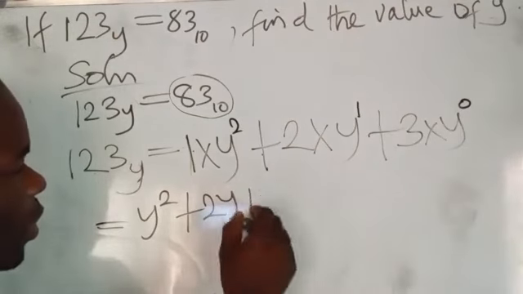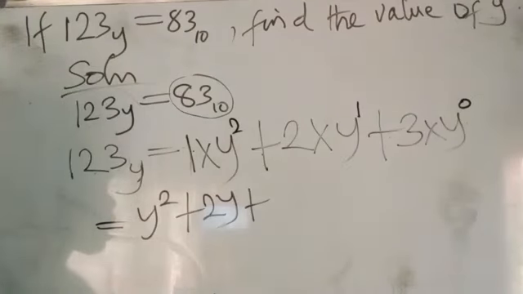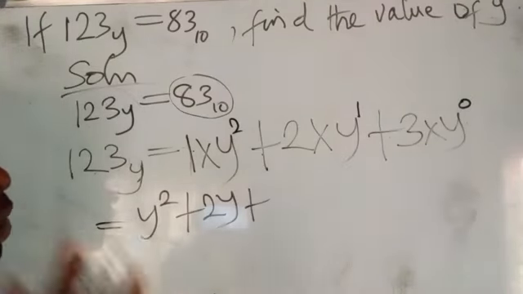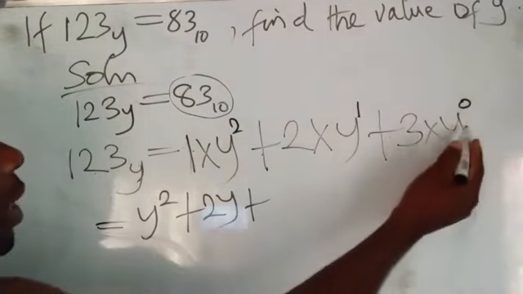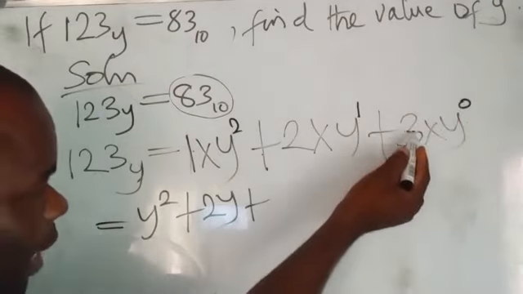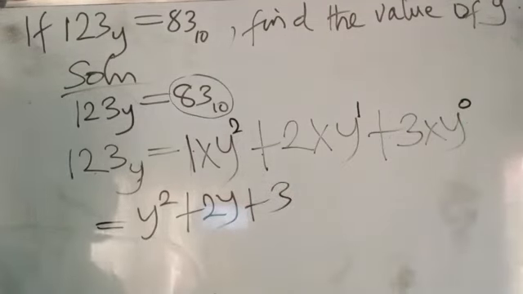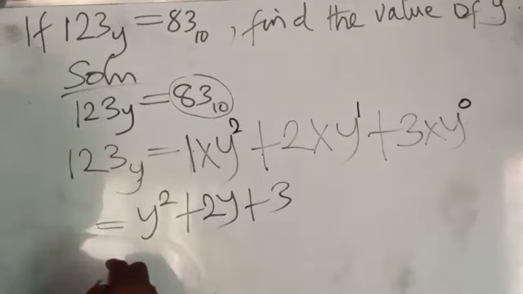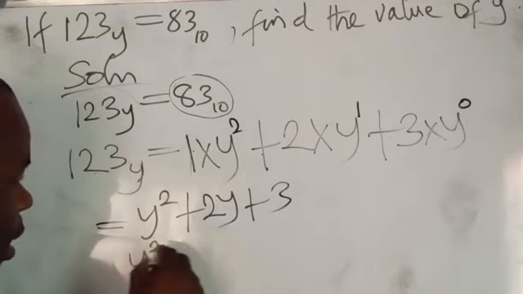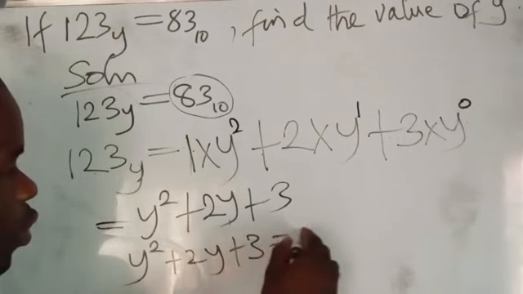Now, plus y raised to power 0 is 1. I told you guys in our previous classes that anything raised to power 0 is 1. So 3 times 1 is 3. Now you bring down this 83 base 10, so that you have y square plus 2y plus 3 equal to 83.